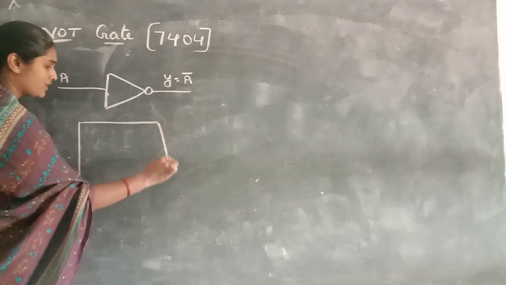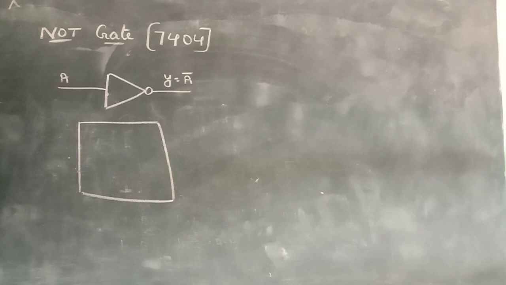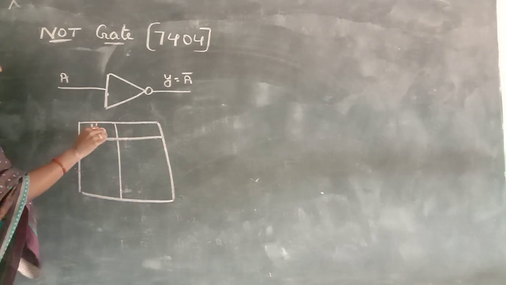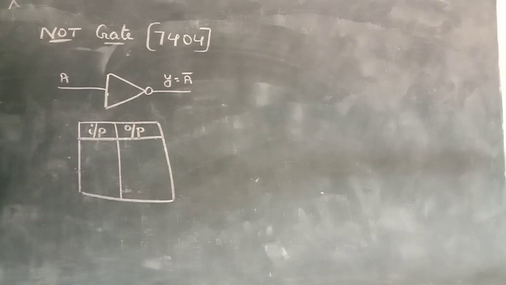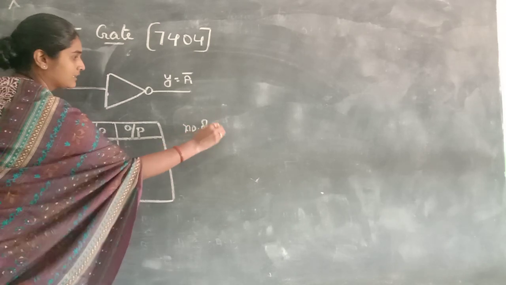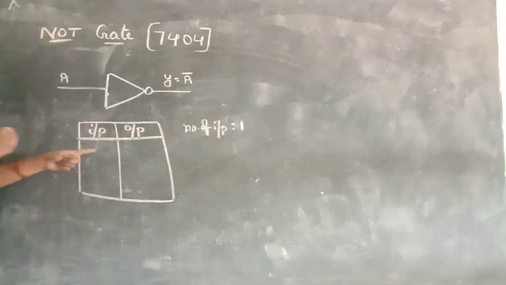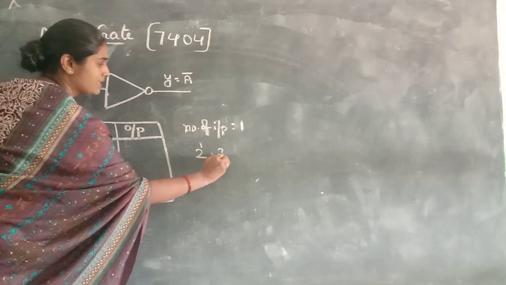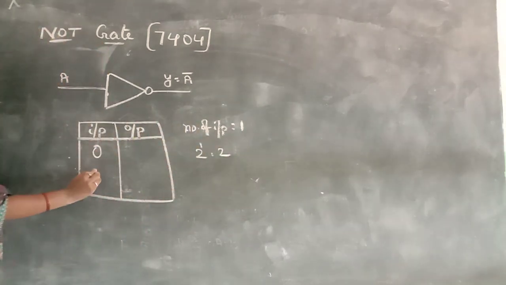What is the logic of the NOT gate? Just the reverse of the input, just the complement of the input. Input, output. How many inputs are there? Only one. Number of inputs is equal to 1. Then how many possibilities are there? 2 power 1, so 2 ways, either 0 or 1.